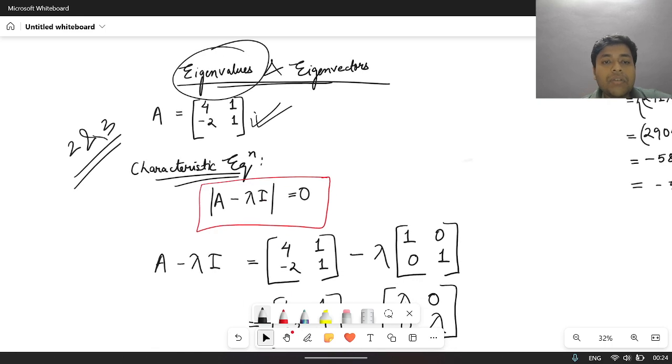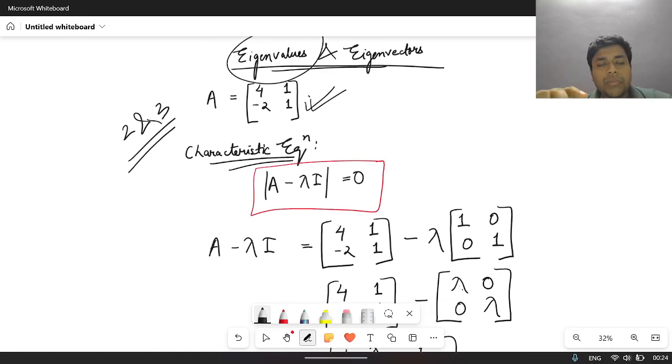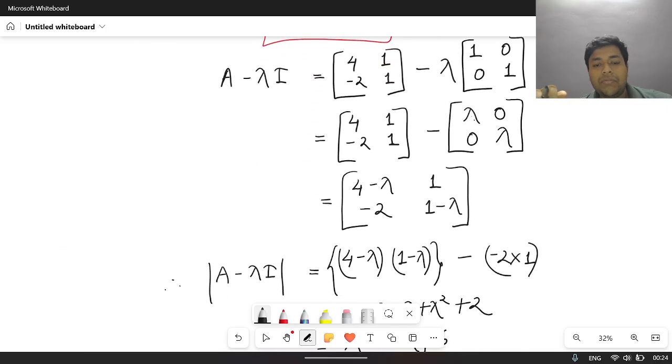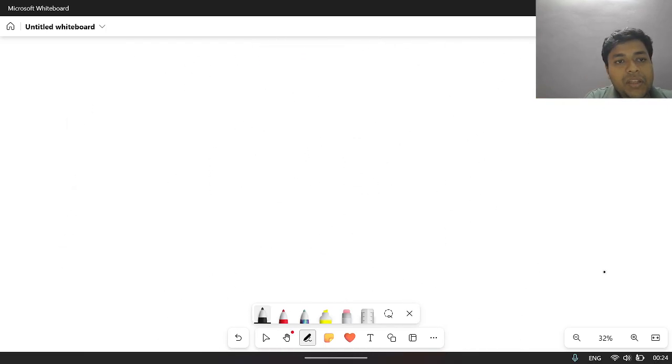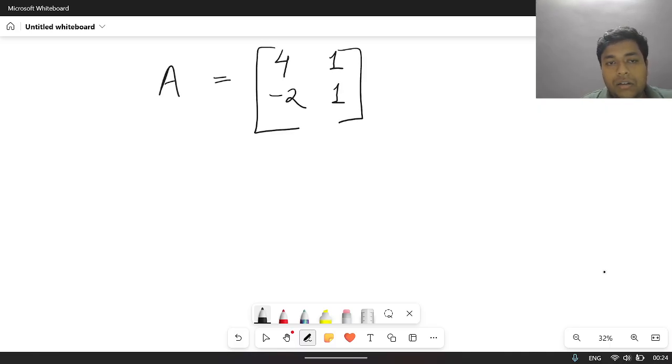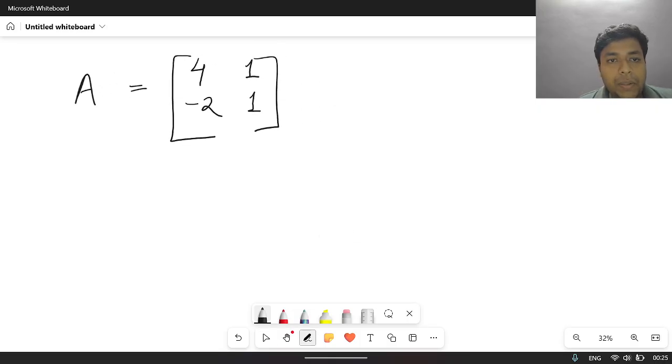Now, on the basis of eigenvalues, remember two properties, which will be helpful in finding your answers. What are the properties? Let's say A is 4 1, -2 1. Right, this is the matrix.